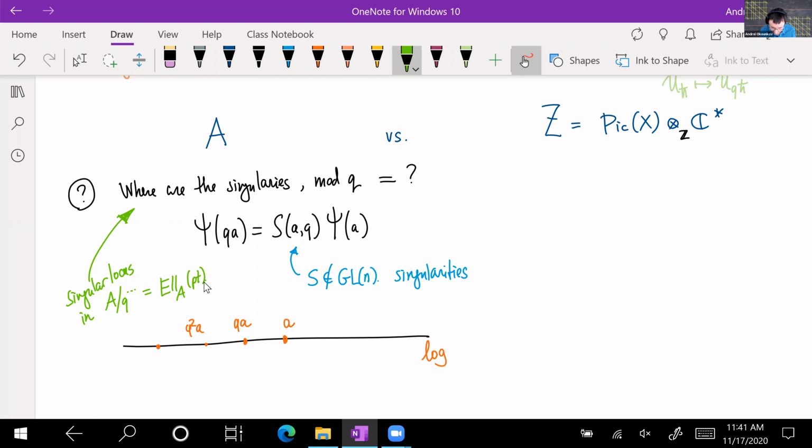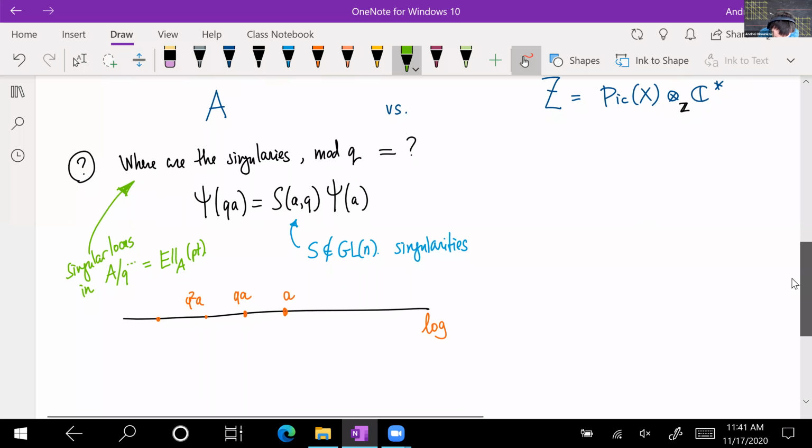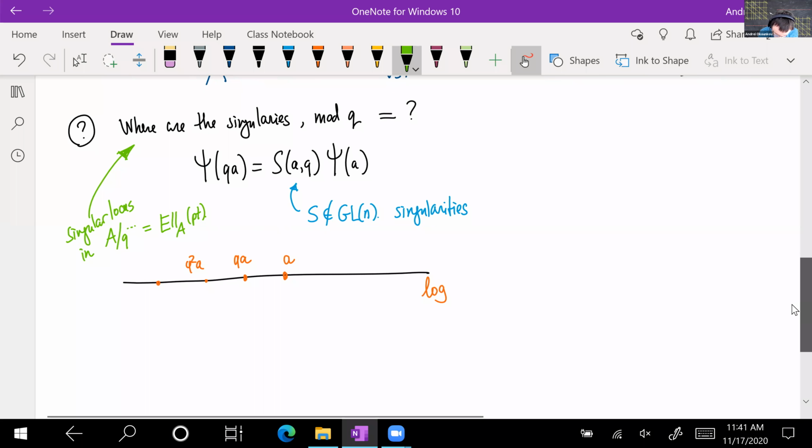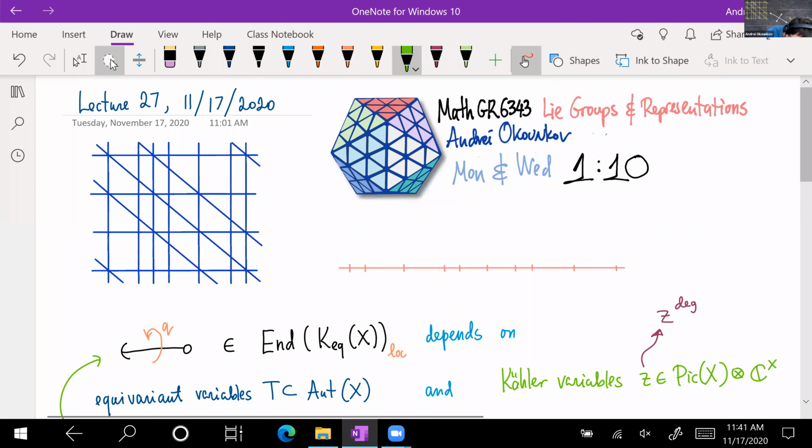So, and the answer on this side, now I maybe copy this picture. Maybe it's not so easy to copy.